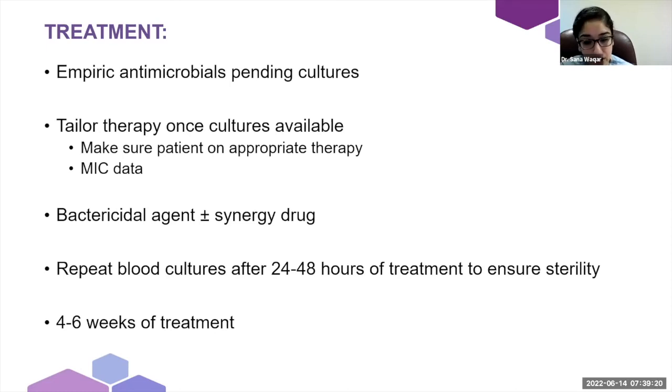And once he had the debridement of his cervical spine, he did eventually clear. And the other thing you want to make sure is that they don't have a metastatic focus, which in our patient he did. So: right drug, right dose, rule out other places that the patient may have seeded, resulting in persistent bacteremia.